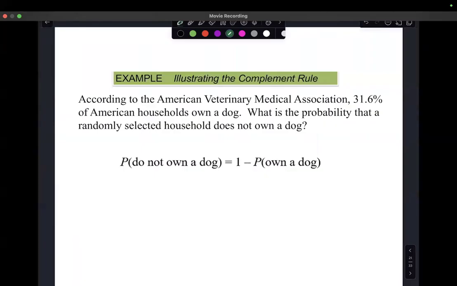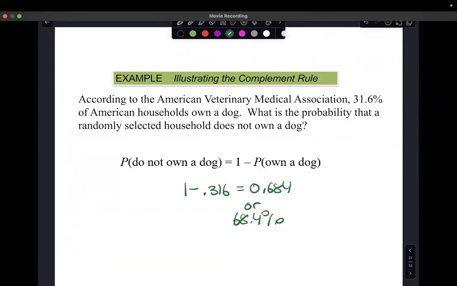So for example, here, the probability that a randomly selected household owns a dog is 31.6%. So the probability that somebody doesn't own a dog would be 1 minus 0.316, and that's going to give me the probability someone doesn't own a dog: 0.684, or a 68.4% chance.